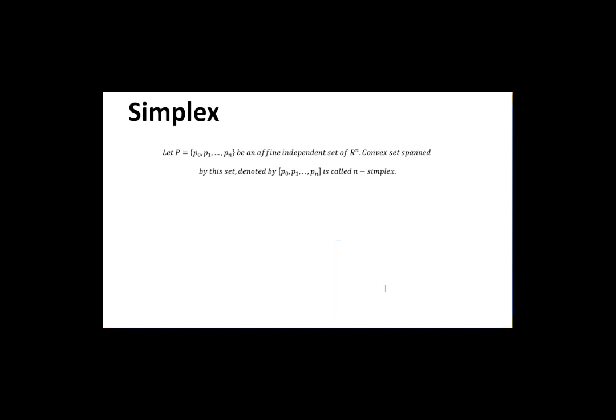For n plus 1 points we call it an n simplex. The main crux of this definition is that the convex set that is spanned is actually the collection of all convex combinations, right? So it is the simple definition of what span means in linear algebra. So these are called simplexes.